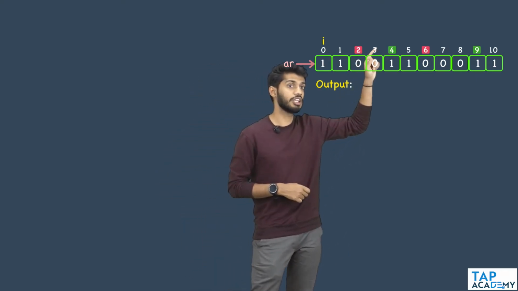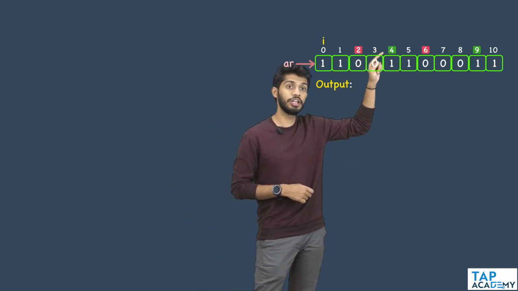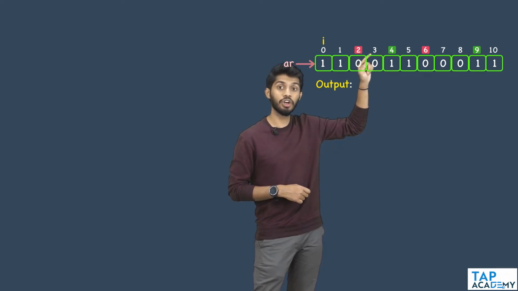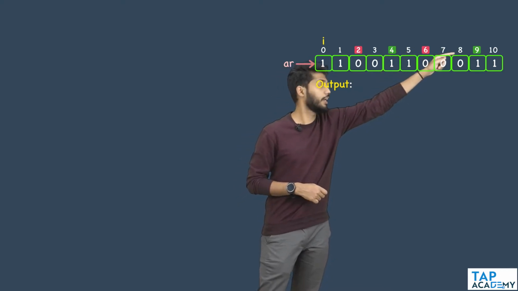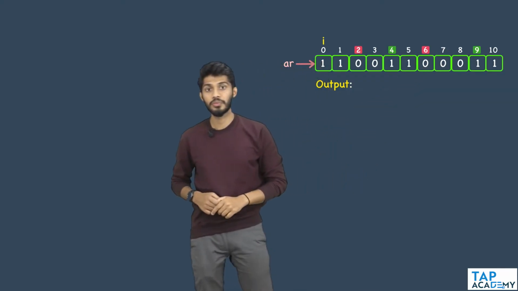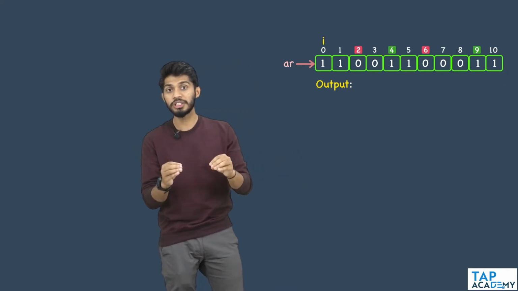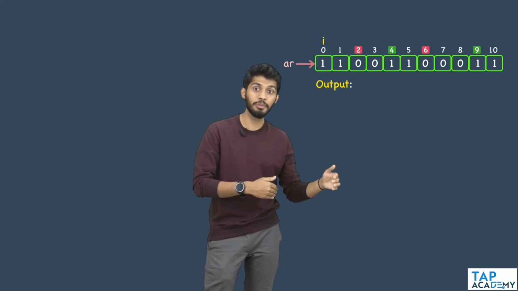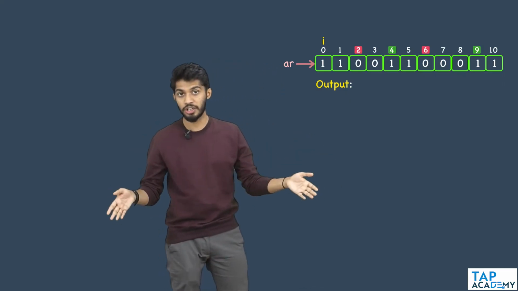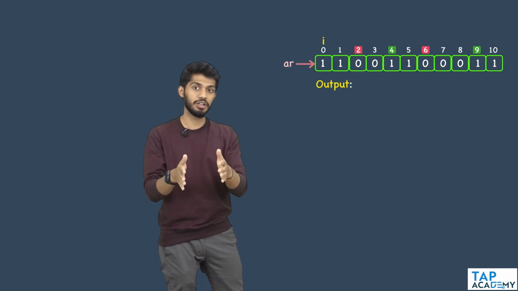Same way, the element present in index 4 and index 3 are not equal. So for index i and index i minus 1, if the elements are not equal, then that is the starting index.